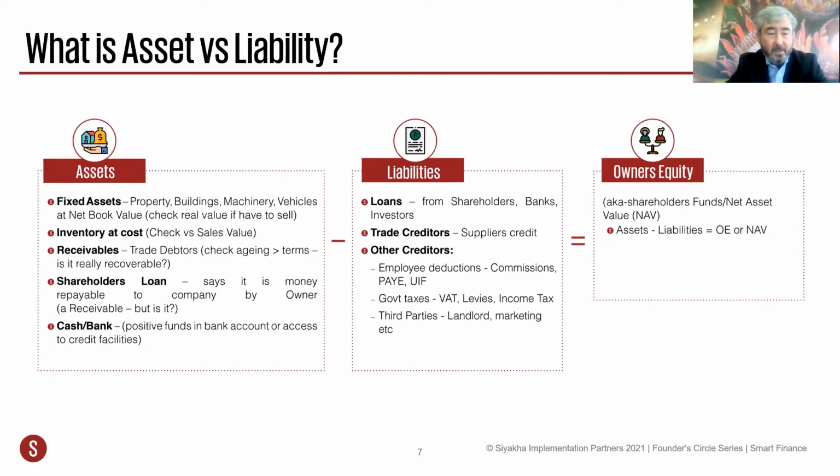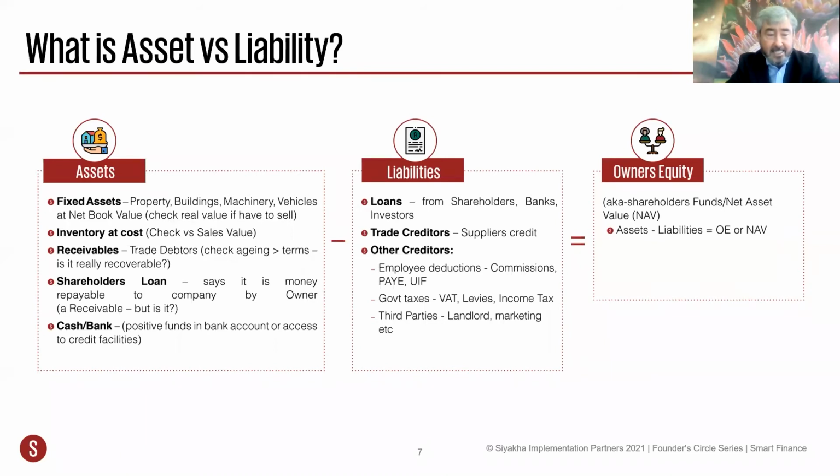Similarly, the same principle under receivables. Mostly receivables will be your trading receivables. So you've sold that stock to a customer. That customer now owes you money for those goods because you've given them 30 or 60 days credit. And again, you would measure that at the selling price this time, because you have now realized the sale and you've transferred the goods to them. They're now the owners of the goods, and they need to pay you back that money, including the VAT.